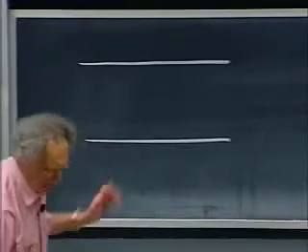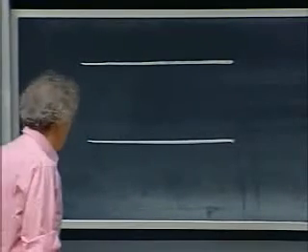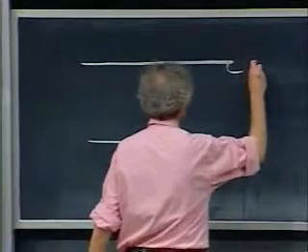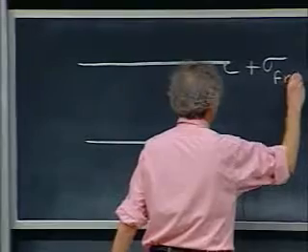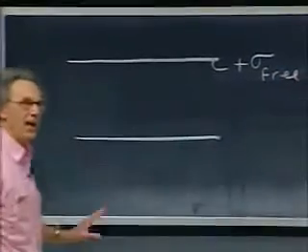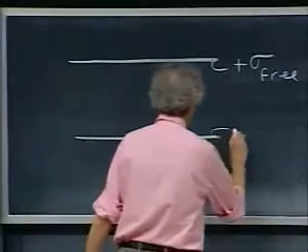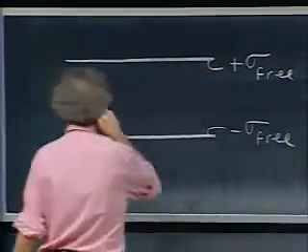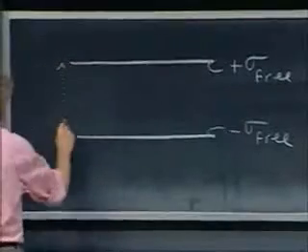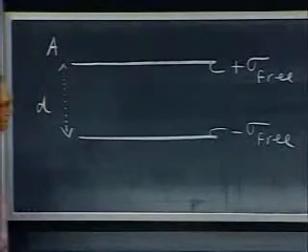I have here a parallel plate capacitor. And I put on here positive charge plus sigma. I call it now sigma free. There is no dielectric yet, but later there will be. So I call it sigma free. And here there's minus sigma free. Separation is D. Surface area is A.